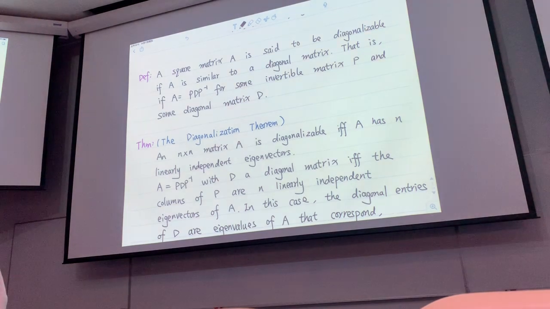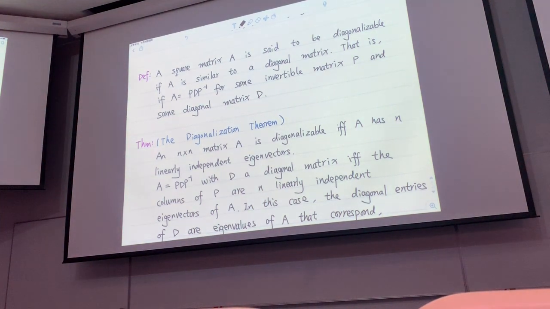An n by n matrix A is diagonalizable if and only if A has n linearly independent eigenvectors. As long as you can give me n linearly independent eigenvectors, we know their corresponding eigenvalues as well, and using that information, I can construct the matrix P and the diagonal matrix D.